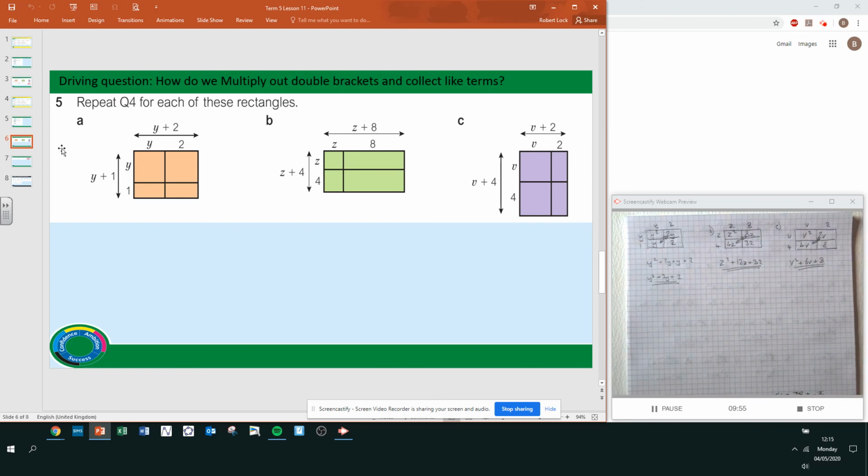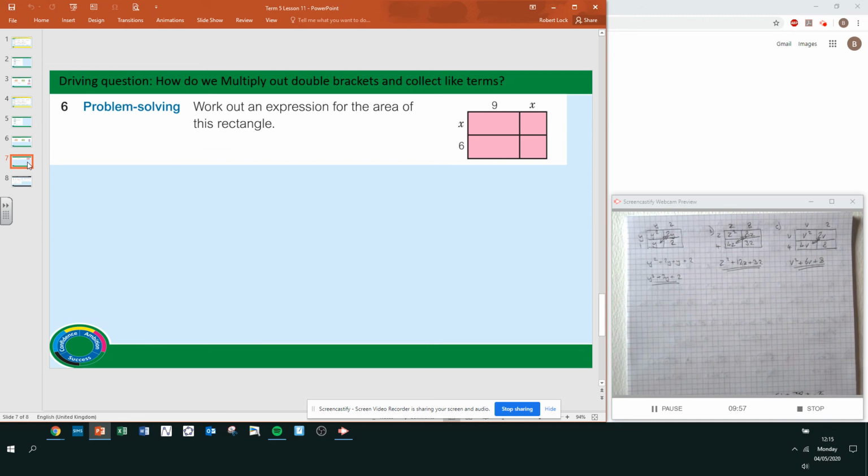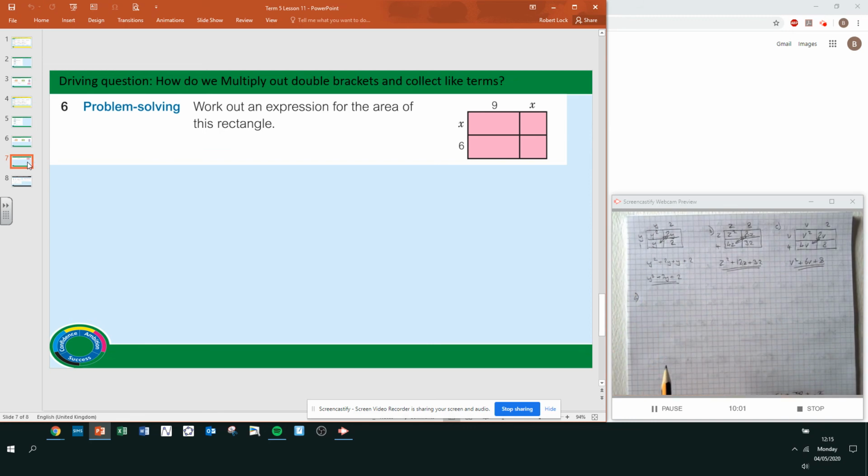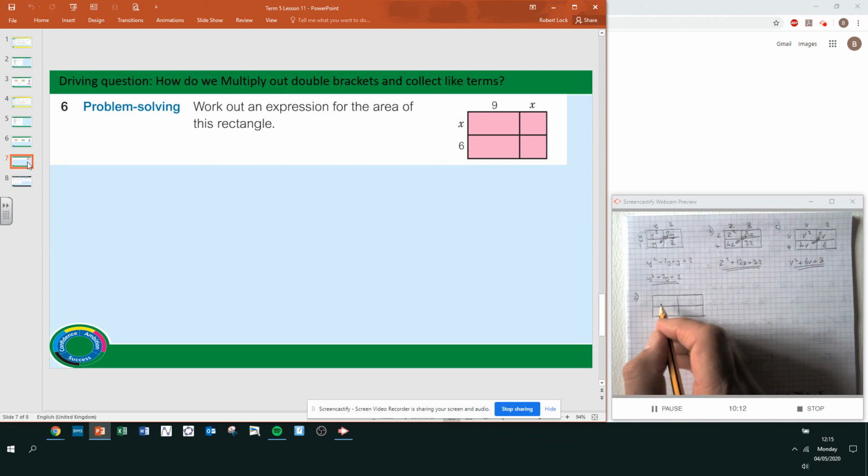Question 6. Work out the expression with area as shown. 9 times x is 9x. 9 times 6 is 54.